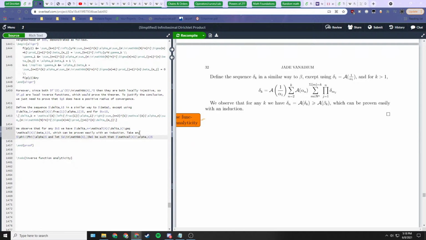Okay, such that A of alpha n is below A times phi to the power n. Okay.